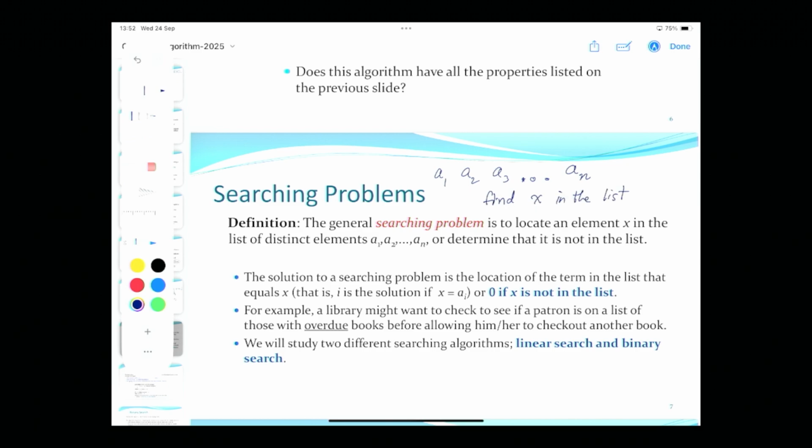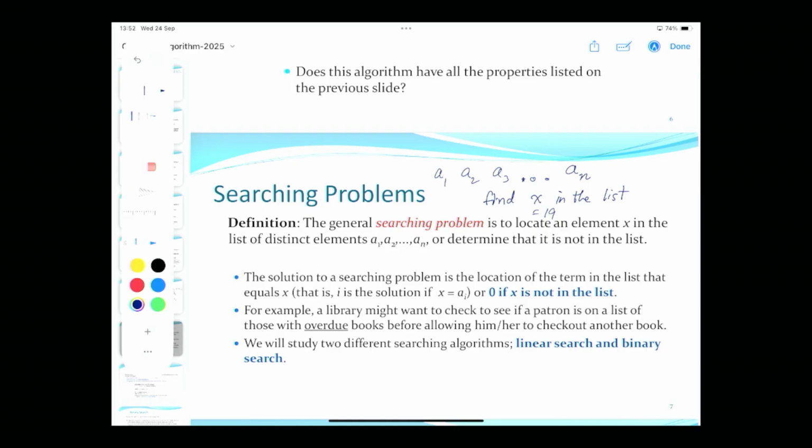So how to do that? A simple way is just starting with the first element in the list and check if it is equal to x. Suppose x is equal to 19. Check if 19 is in the list. Check with A1.